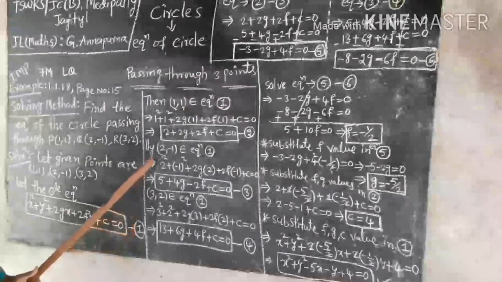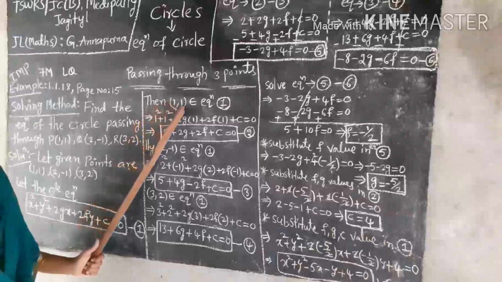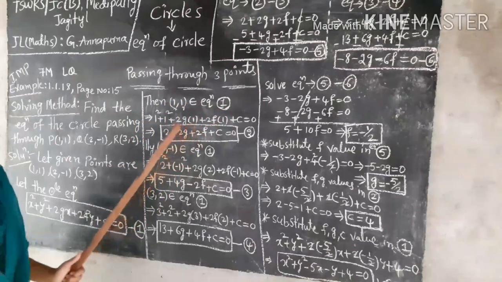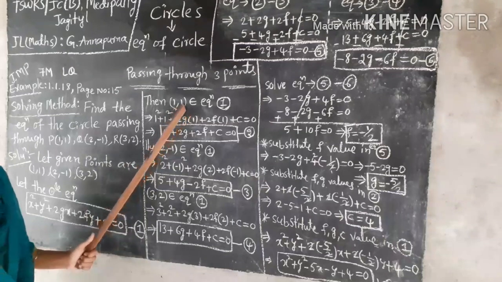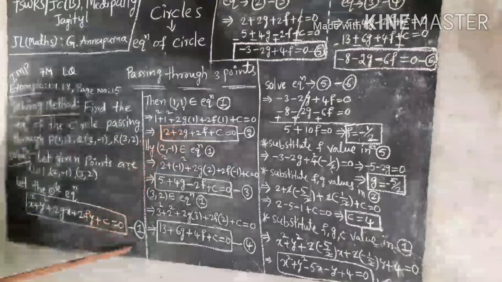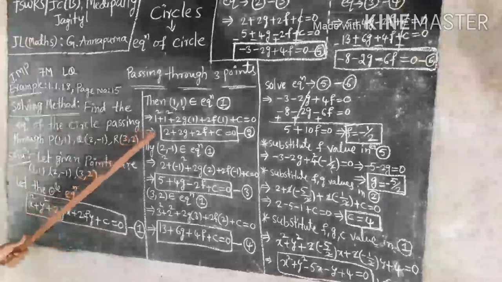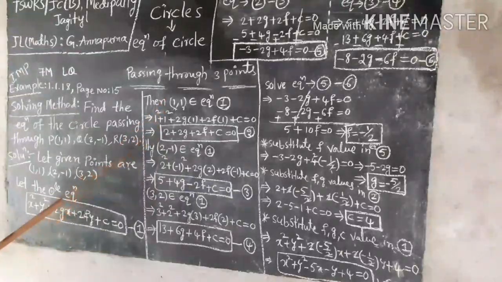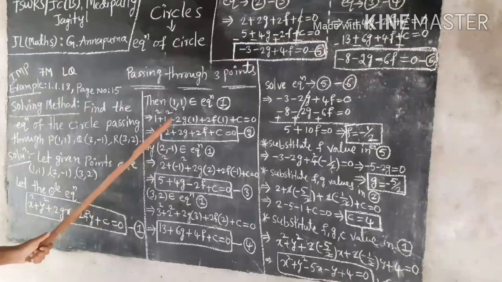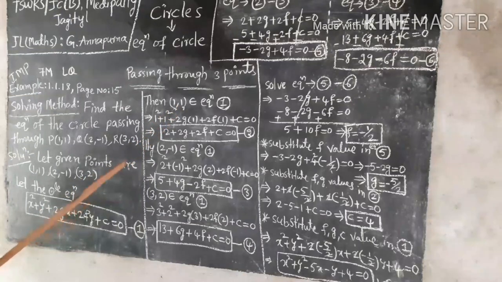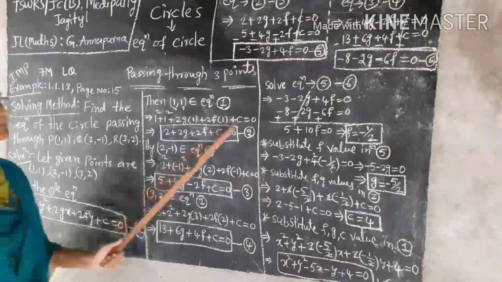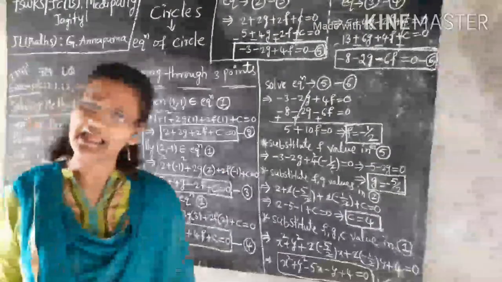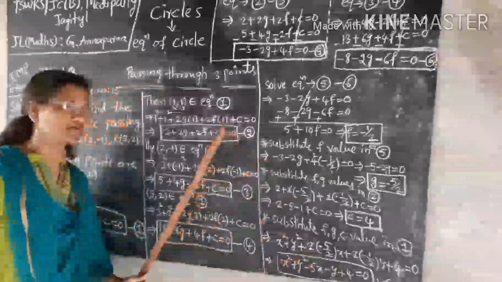See, the point (1, 1) belongs to equation 1. This is the x coordinate, this is the y coordinate. These two values I am substituting in equation 1. x square means 1 square, y square means 1 square, 2gx is 2g of 1, 2fy is 2f of 1, plus c, c is not there so we write it as it is, is equal to 0.